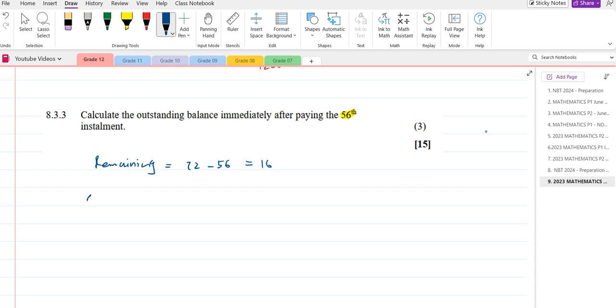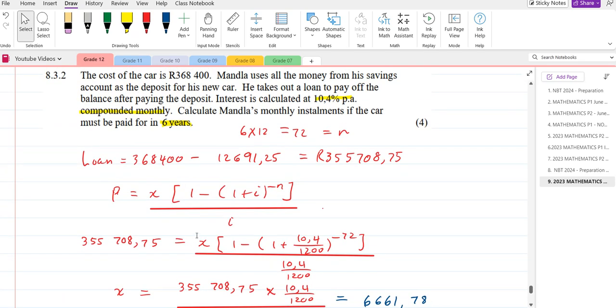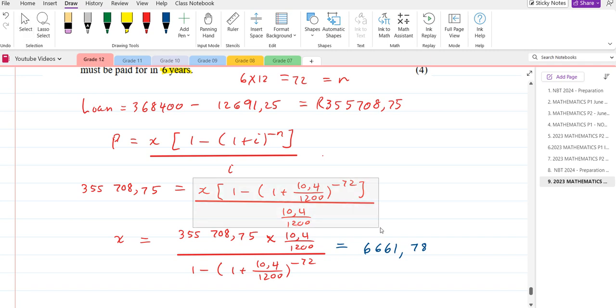So outstanding balance after n equals 56 installments. We're going to use this formula. It's just that we're going to use the exact same formula here, but we're going to substitute the value of x, right? So I'm just copying it from above.